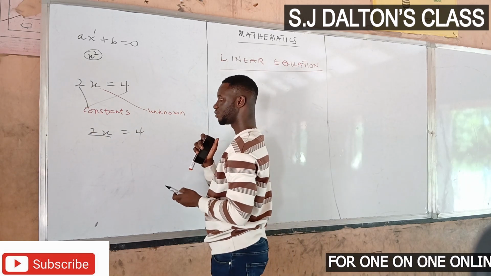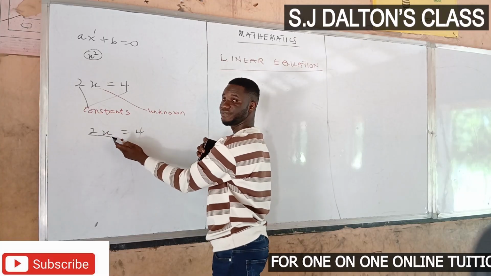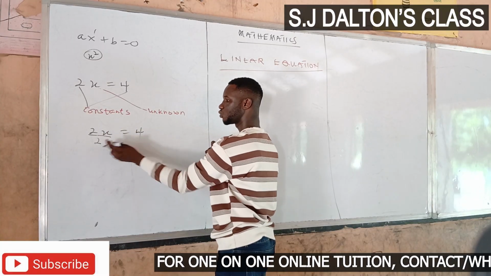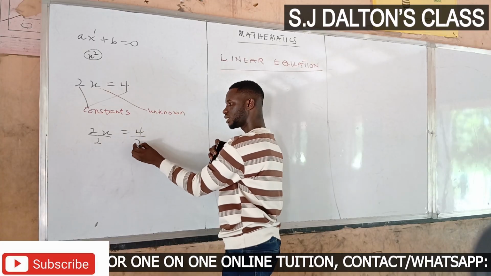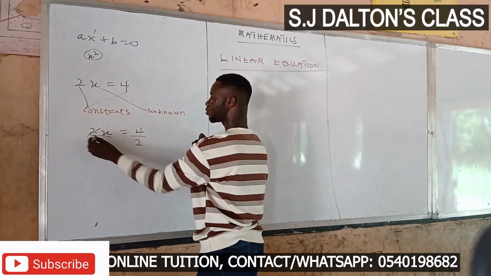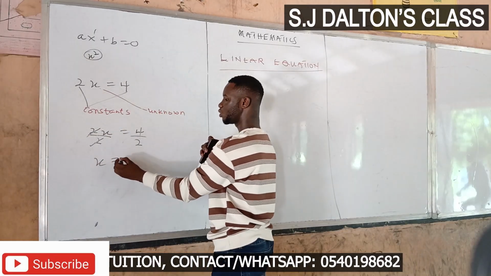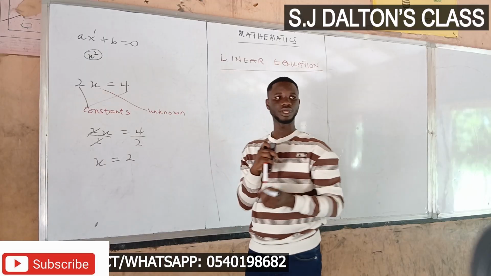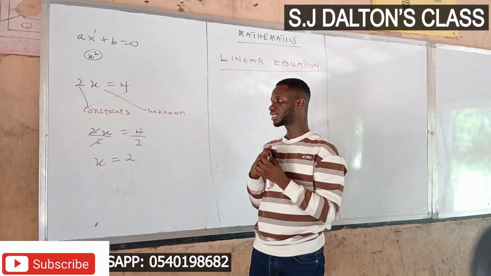This is what you can do. You just divide by what? The constant, that is 2. So when you divide by the 2 here, you do the same thing to this side. So what are we going to get here? 2 will cancel 2 here. Our x is going to be what? 4 divided by 2 is going to give us 2 as our answer.